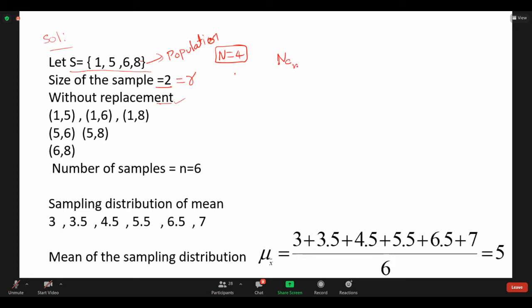NCn, capital N C small n, that is, 4 C 2. The value is 6. In total, we can get 6 random samples. First write down what the 6 random samples are. After that, we have to find the mean of each random sample.